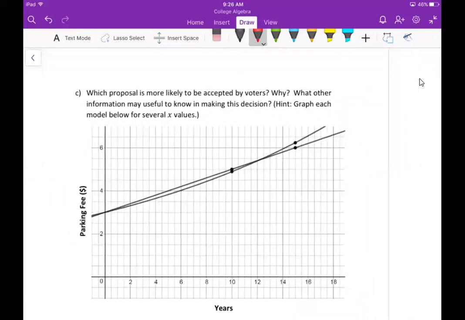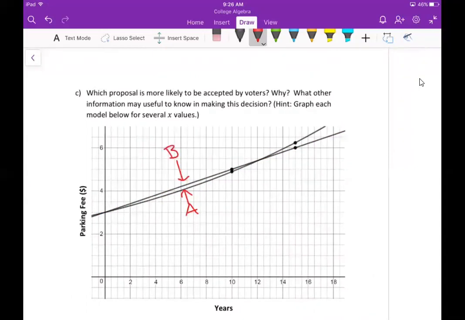So the linear growth is this line right here, growing constantly forever. The exponential, oops, I just highlighted the wrong line, of course. The linear growth was higher, so the linear growth is the one right here. And eventually it switches. So we've got proposal A right here and proposal B right here.